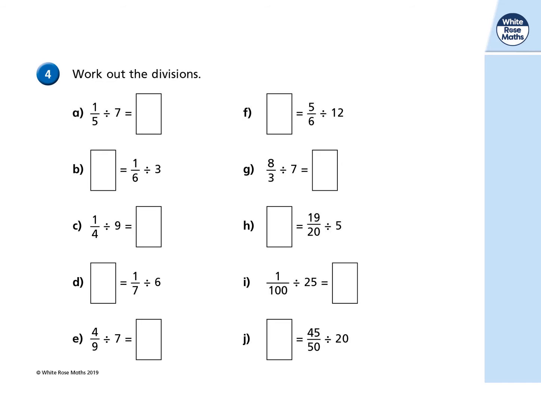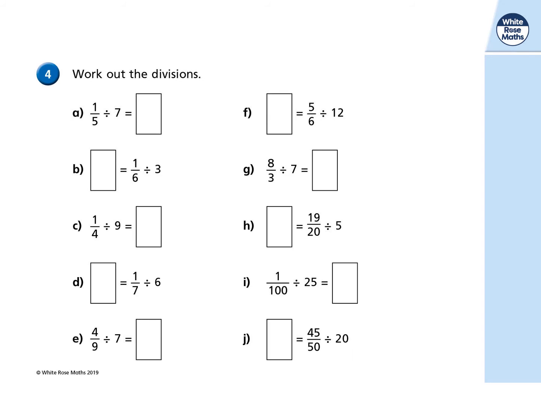Look at the pattern between the 4 and the 9, what do you need to do? For D, they have moved it around again, but it's exactly the same skill. 1/7 divided by 6. Keep the 1, use multiplication knowledge to help make that fraction smaller. 6 times 7, what's that fraction going to be?